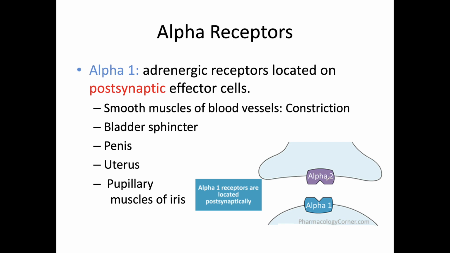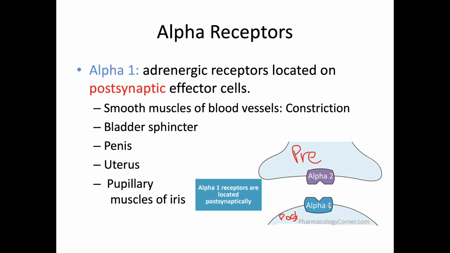Alpha 1 and alpha 2, we'll talk about first. Let's say this is the presynaptic neuron, and this is the postsynaptic neuron. So the presynaptic neuron has the alpha 2 receptor on it. The postsynaptic neuron has the alpha 1 receptor on it.